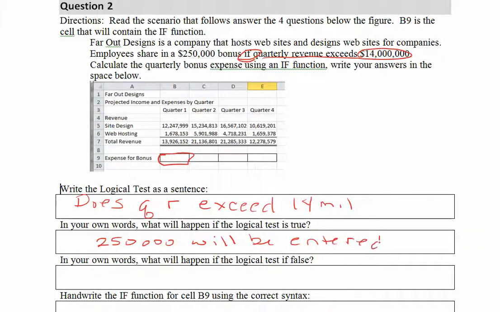We'll just leave it at that and kind of shorten that up. And what will happen if it's false? Let's see, back to the scenario. It doesn't really say what to do if it's false, but if it's not 250,000, it's going to be 0. So 0, or the actual 0, not the word 0, will be entered.